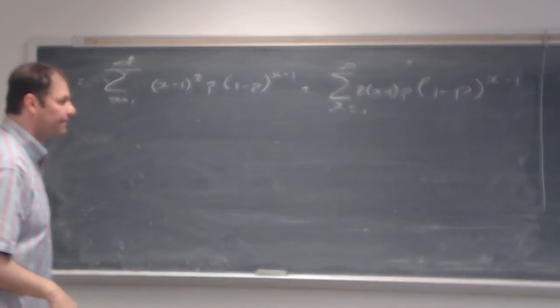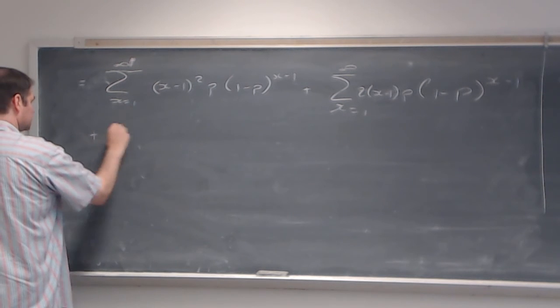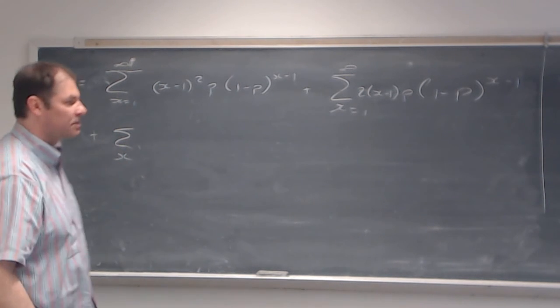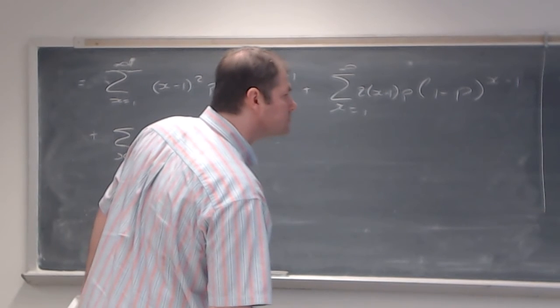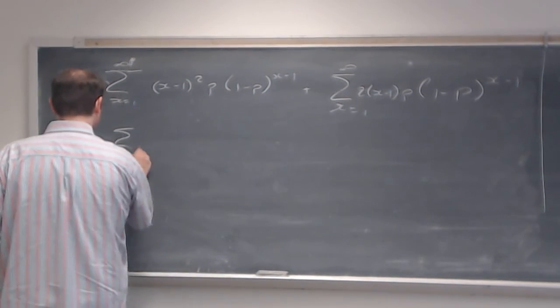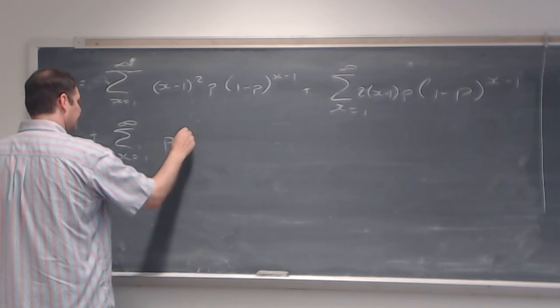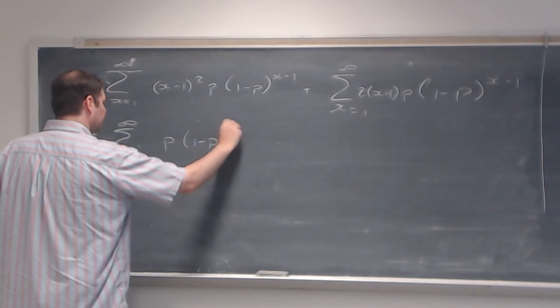And then finally, we have the sum as x runs from 1 to infinity of p times 1 minus p to the x minus 1.